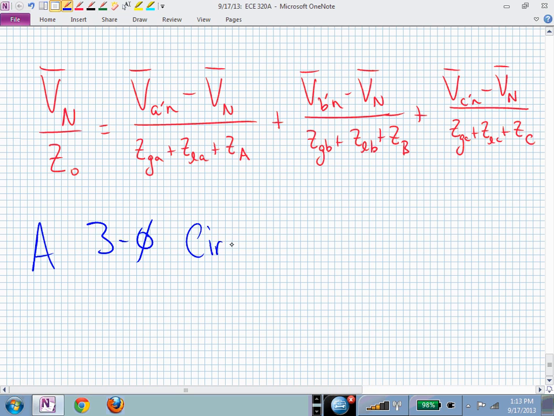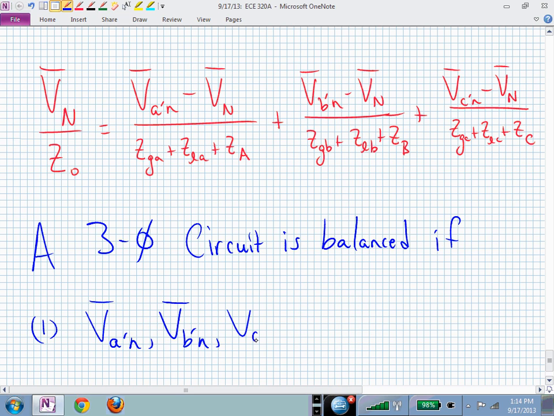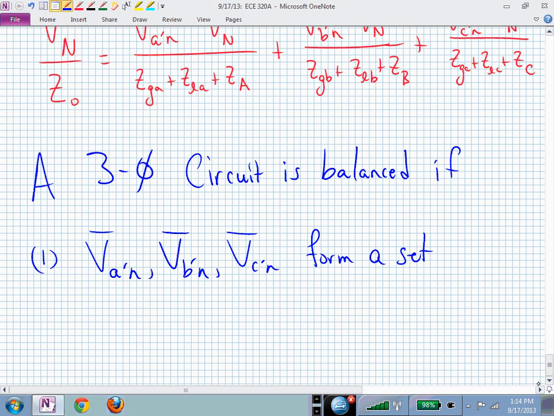A 3-phase circuit will be balanced if, 1, V sub A prime N, V sub B prime N, V sub C prime N form a set of balanced 3-phase voltages.